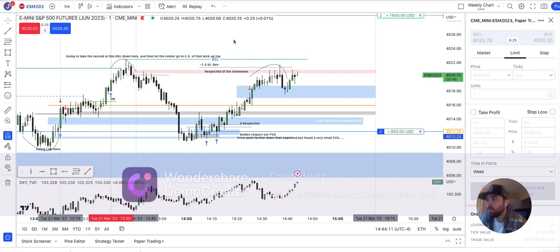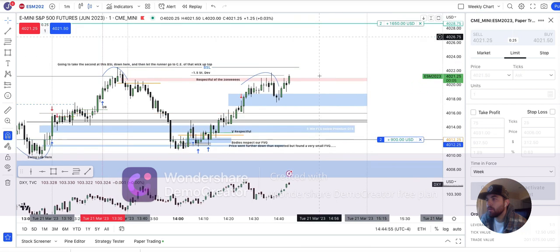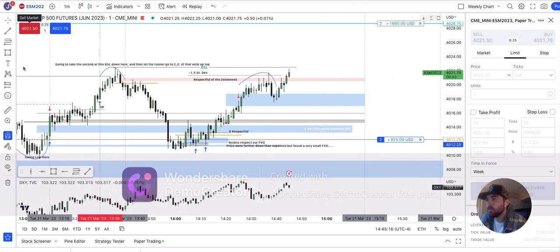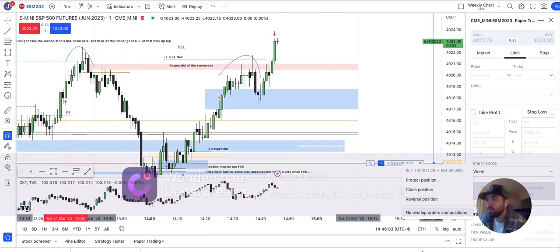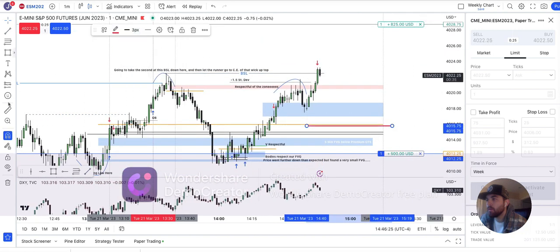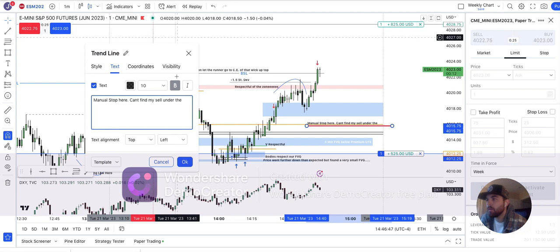Very, very respectful of the zones. I'm all congested. And once that goes through, boom, we're taking one off. And we got one contract left on the table.